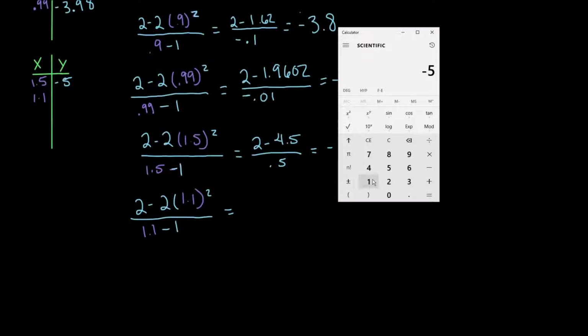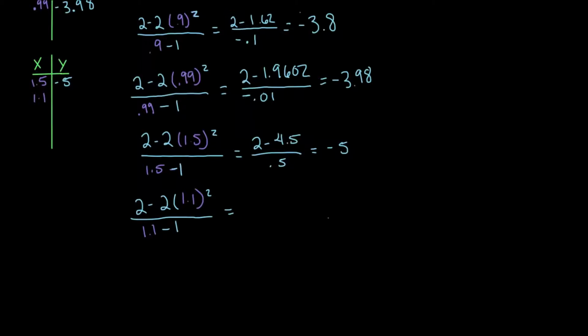Using our calculator, 1.1 squared is 1.21, times 2 equals 2.42. 1.1 minus 1 is just 0.1. So here we have negative 0.42 divided by 0.1.